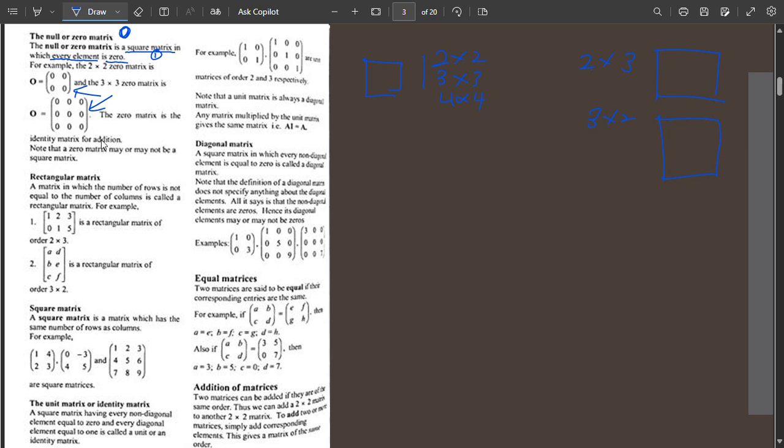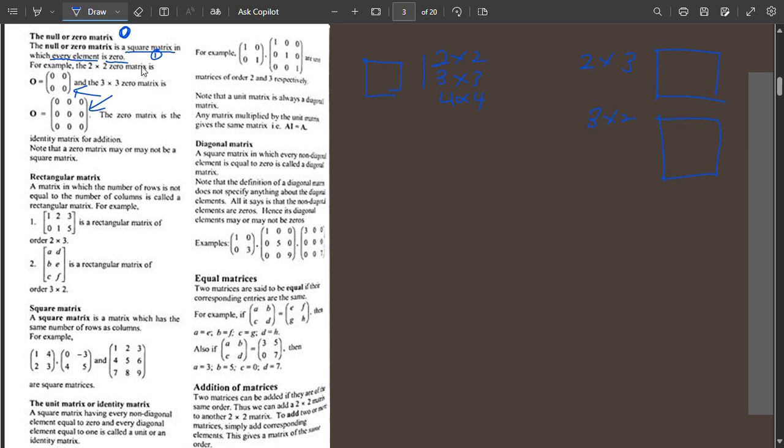The zero matrix is the identity matrix for addition. We know what identity means. It's acting as a mirror. What this means is, we'll get there, but I can give you a brief understanding of what this statement means.